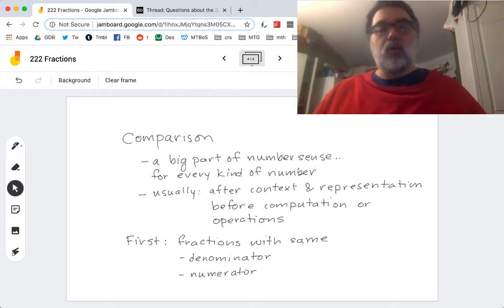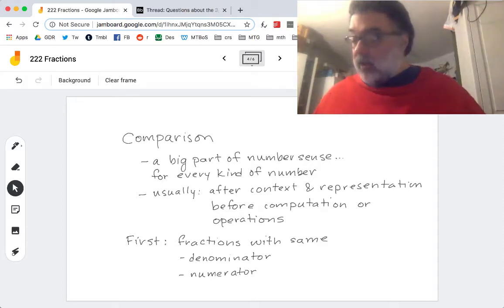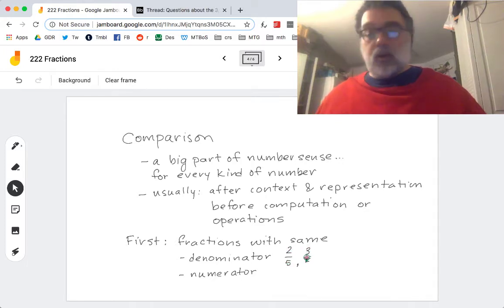Okay, so mathematicians often break things down into cases, right? If you want to think about comparing these complicated objects, these fractions, it makes sense to start with fractions that have something in common. So maybe they have a common denominator. If we think about comparing 2/5 and 3/5, which one's bigger?